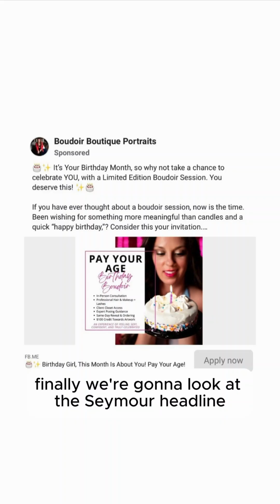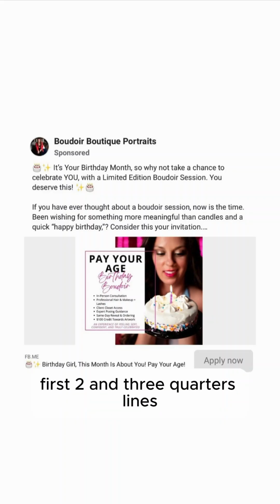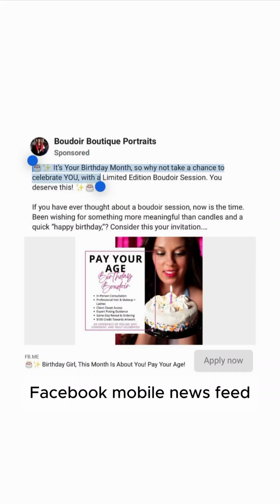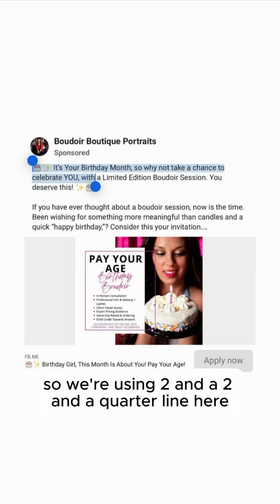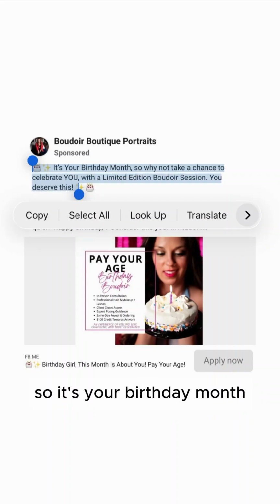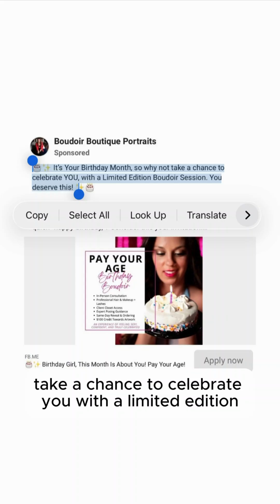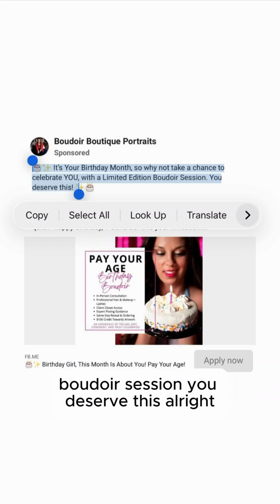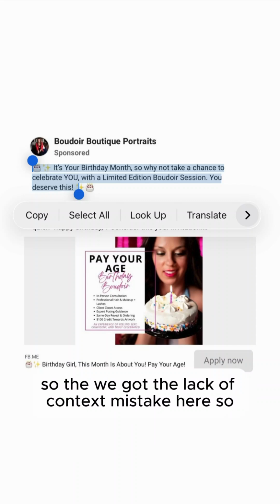Finally, we're going to look at the See More headline, first 2 3/4 lines, Facebook mobile news feed. So we're using 2.25 lines here. It's your birthday month, so why not take a chance to celebrate you with a limited edition boudoir session? You deserve this. All right, so we've got the lack of context mistake here.